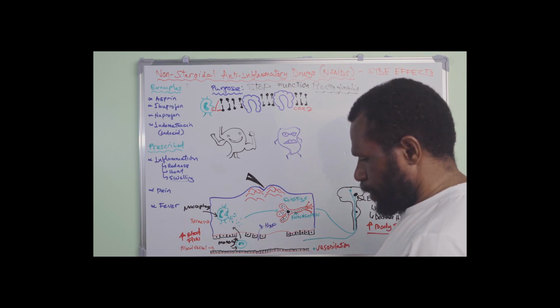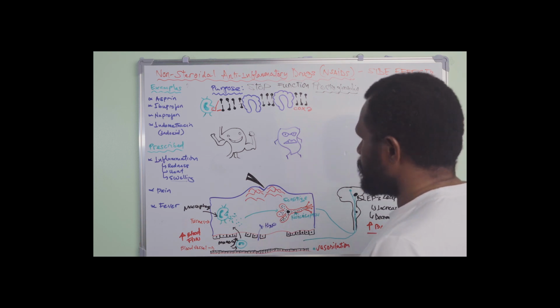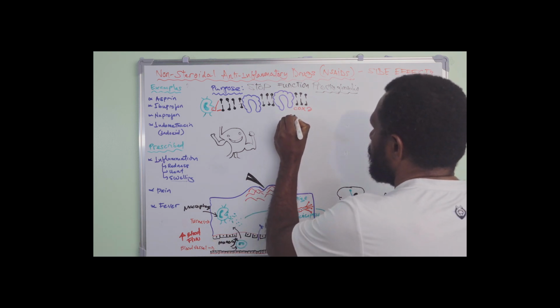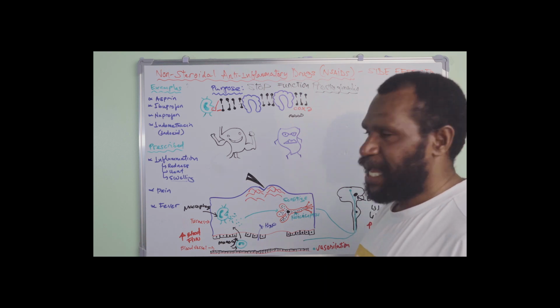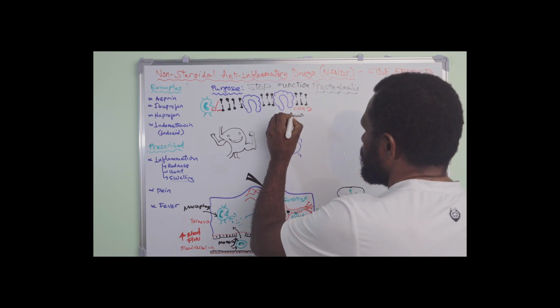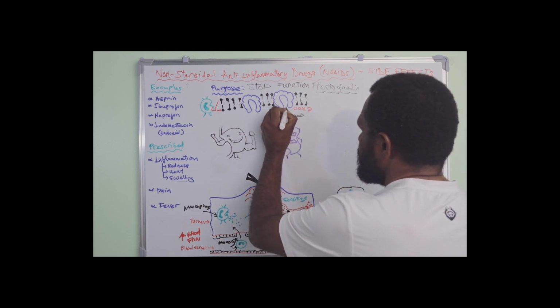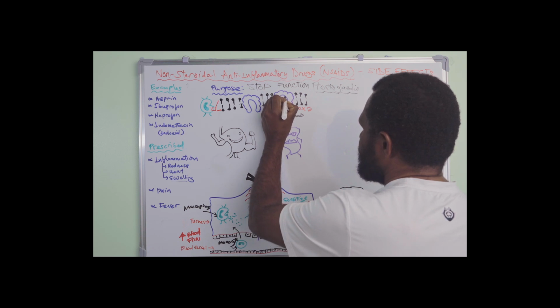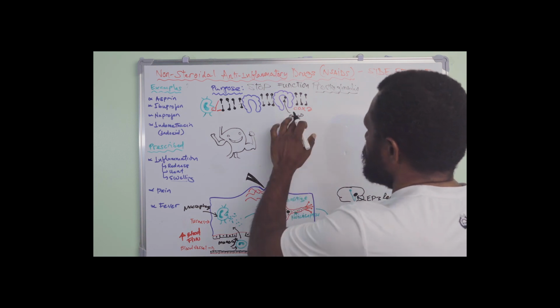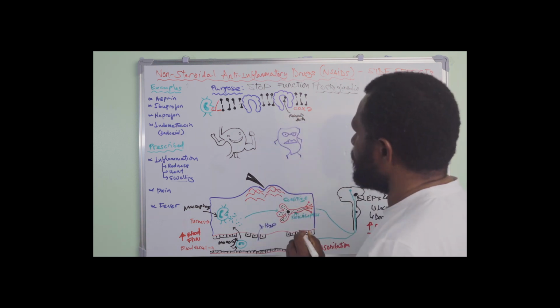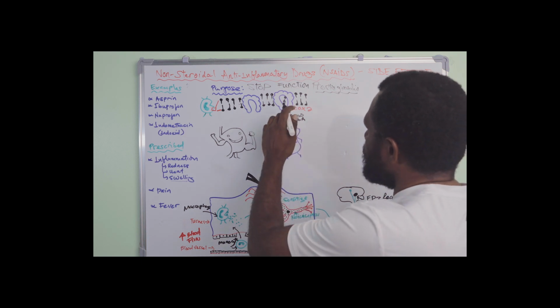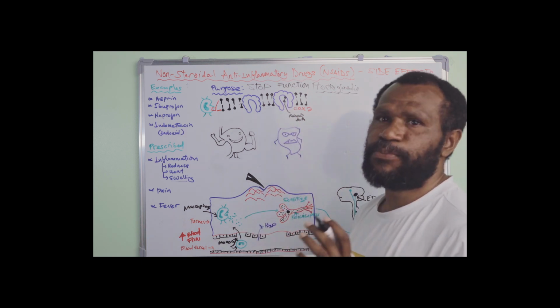COX-2 will take a particular acid called arachidonic acid. This arachidonic acid will go in here, to a special site, so it will take this arachidonic acid, AA, and then it will produce a prostaglandin.